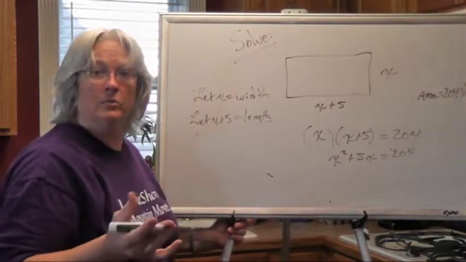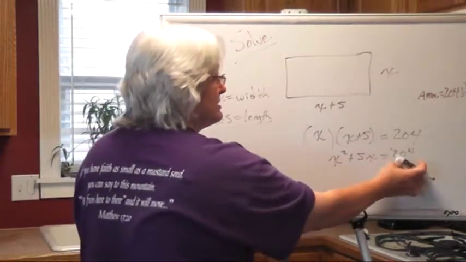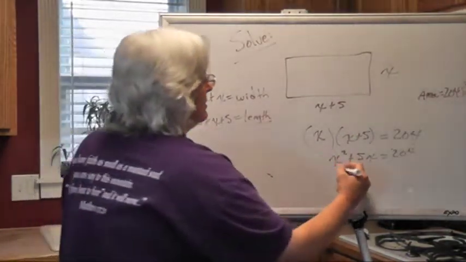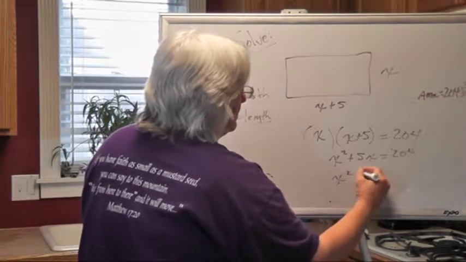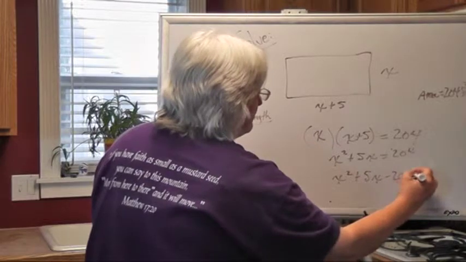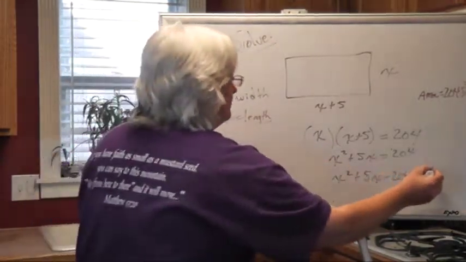Can you solve this problem yet? No, you can't because it's not in general form yet. You have to have x squared plus 5x minus 204 is equal to 0.